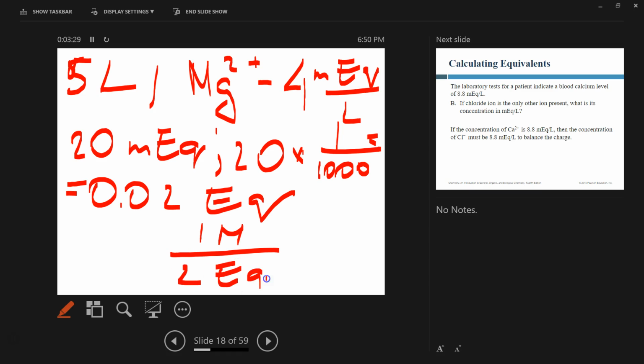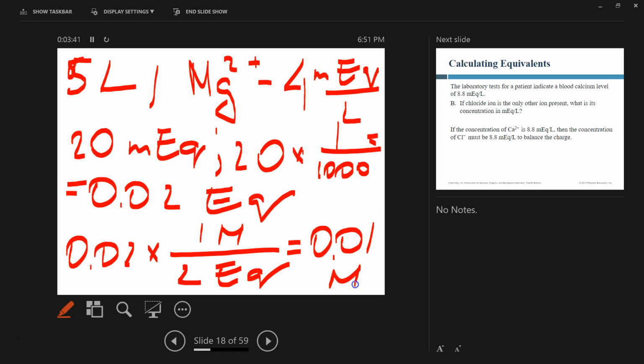And we multiply 0.02 by this conversion factor, what do we get? 0.01 mole. Does that make sense? We good?